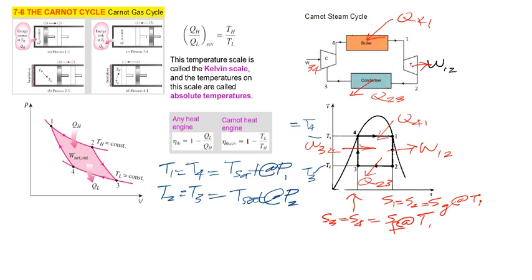How do we solve that? By looking at the change of entropy principle, and also the steady flow energy equation applied to a flow device. In this case, our flow device comprises four main components: the boiler, the turbine, the condenser, and also the compressor.